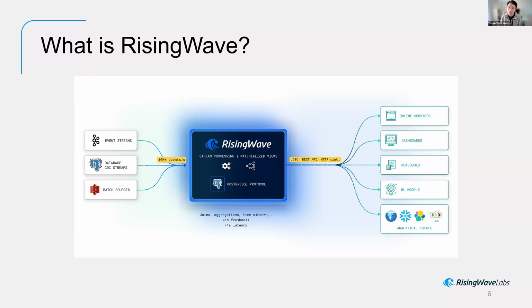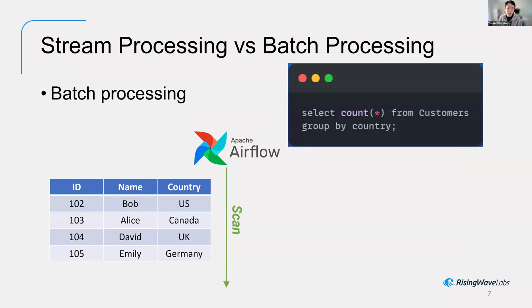Then, depending on your use cases, you can directly use RisingWave to serve your online applications or real-time dashboards, or dump the results into analytical systems like Snowflake, Databricks, or Redshift. So basically, that's RisingWave.